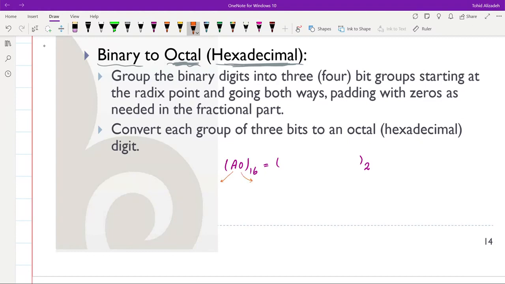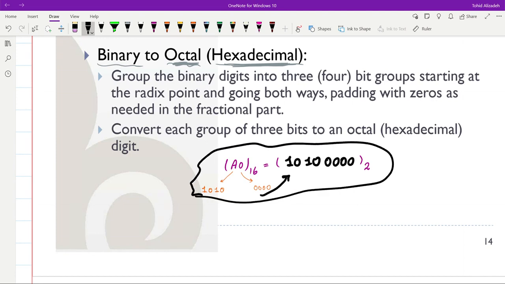So 0 in hexadecimal will be represented by 0000 in binary, and A in hexadecimal, which is equal to 10, will be represented by 1 0 1 0. And as a result, for the binary case, we will have 1 0 1 0, then 0 0 0 0. Okay, so you can see that it is quite straightforward. It's even easier than converting hexadecimal into decimal and then decimal to binary.